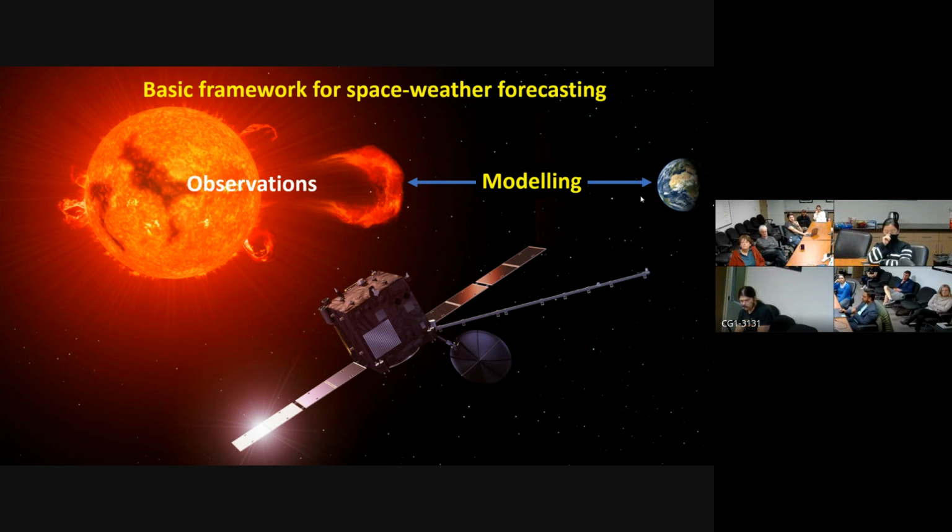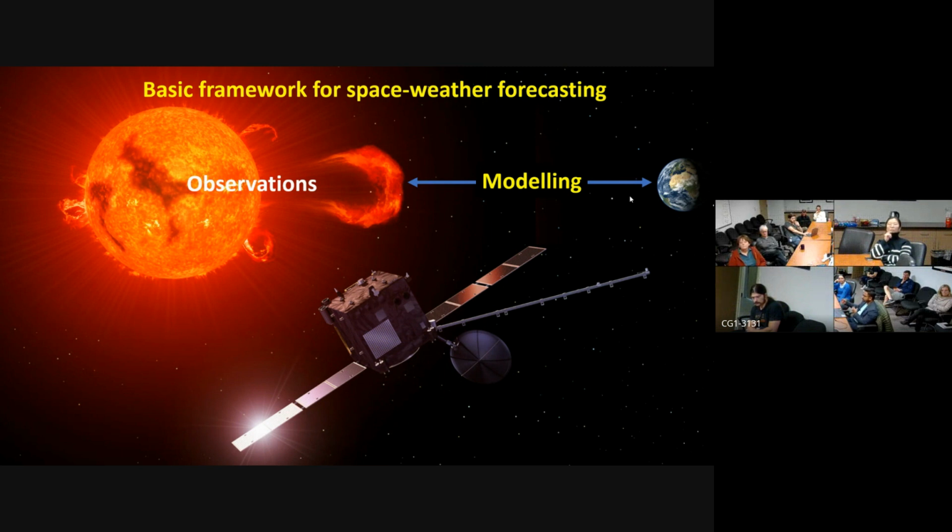And if they hit the earth, what will be their magnetic field orientation, whether it will be opposite to the earth's magnetic field. If it is opposite to the earth's magnetic field, then that will be very severe, causing geomagnetic storms. So this is the basic framework that we use for space weather forecasting.